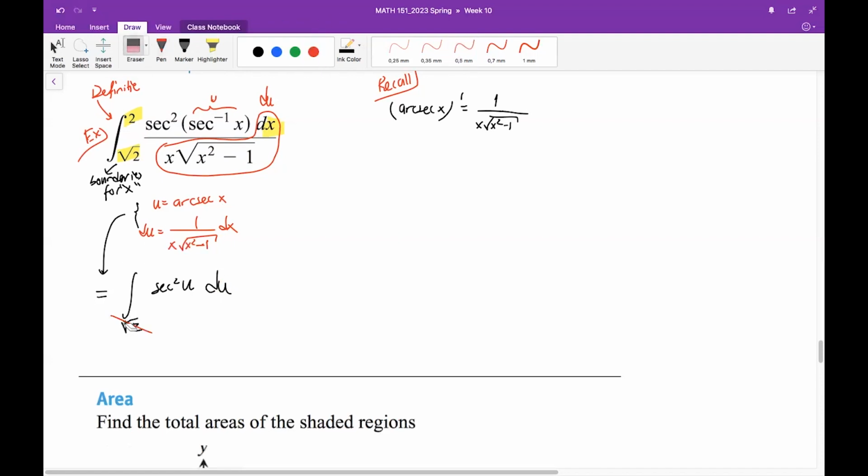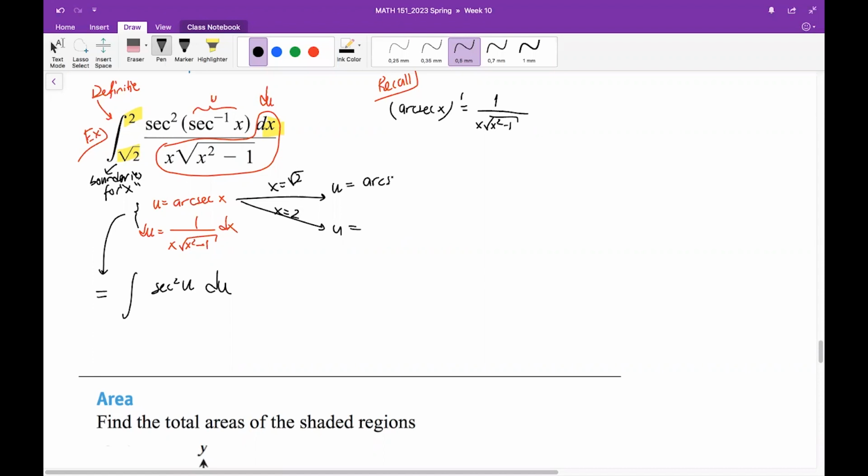We should find the new boundaries for u, okay? And how can we do that? We know the relation between u and x, right? If x is square root 2, you can compute u. If x is the upper bound, which is 2, you can find the value of u. Okay, let's compute the new boundaries of u for these values of x.